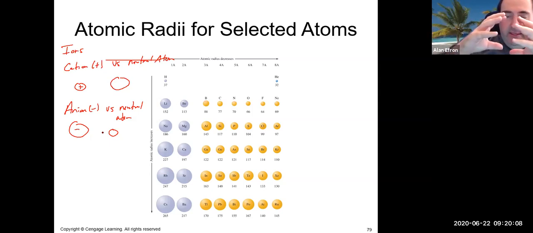So it starts here, gains some electrons, the electron cloud gets larger, and the size increases as well. So if it's positively charged, we see an overall size decrease compared to its neutral counterpart. And when we have a negatively charged ion, it becomes larger in size, because it gains more electrons than its neutral atom.